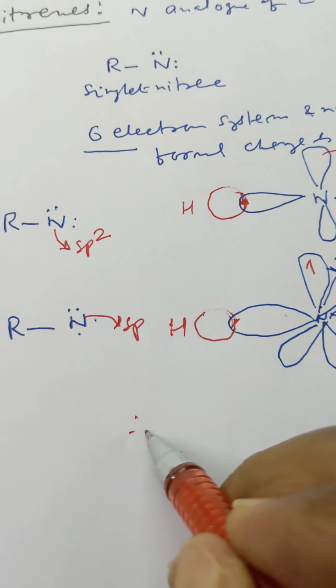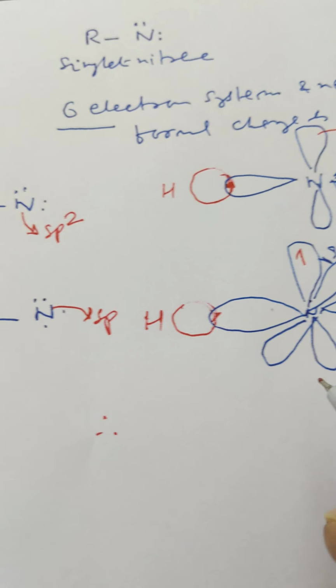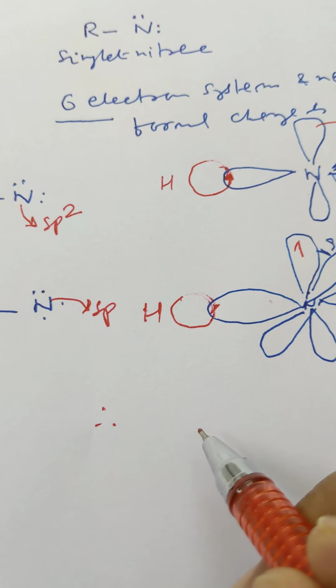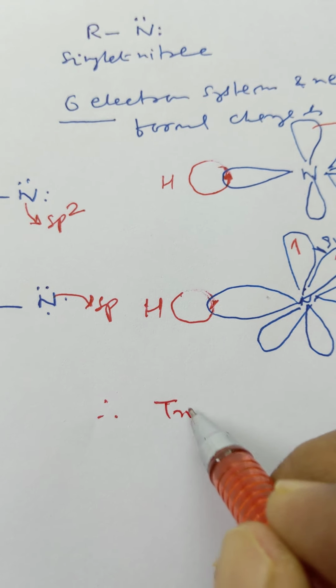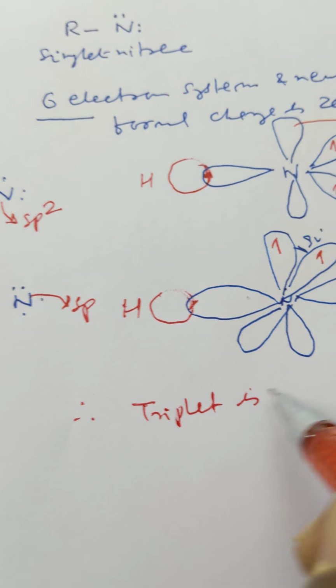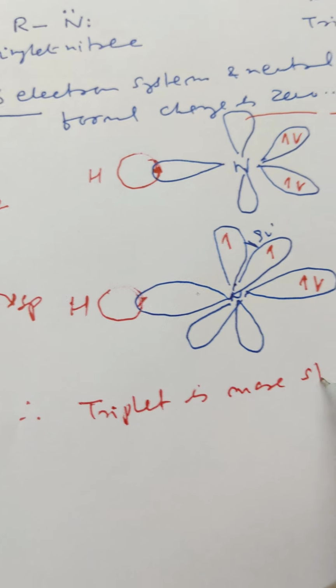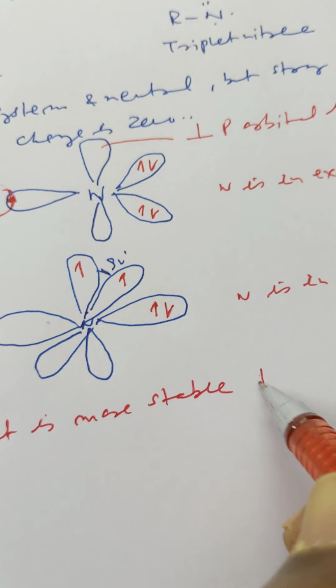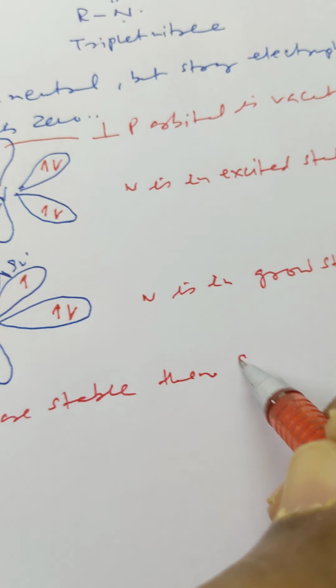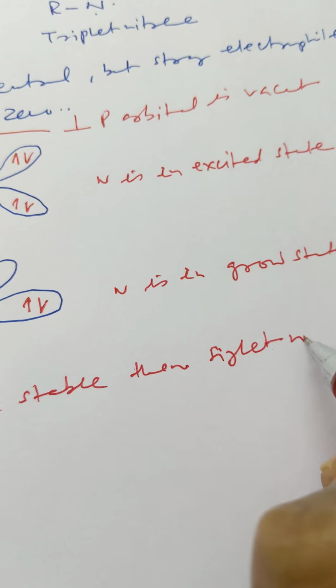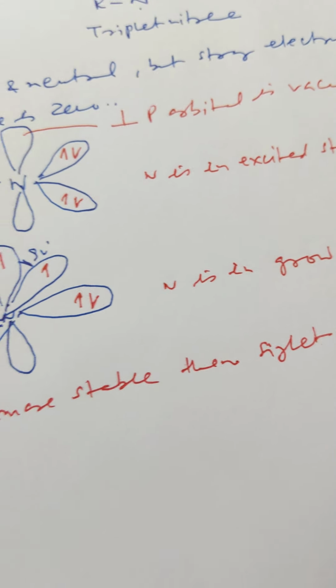Therefore, as was explained to you in the carbene, triplet is more stable than singlet nitrene.